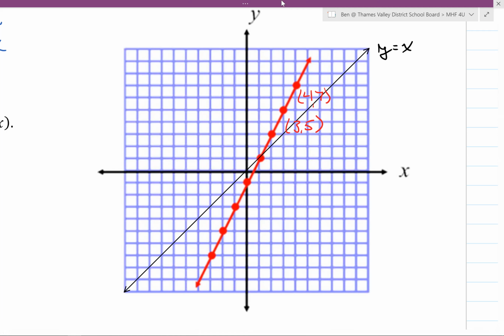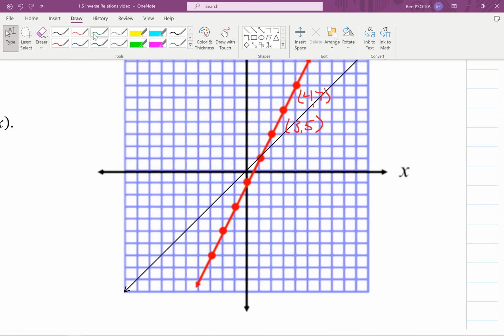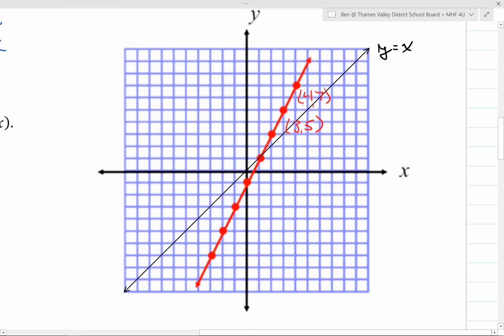Now, what we're looking for is a reflection over this line. So that means if I have a point that crosses the line, and this one over here does, a reflection over the line y equals x, that point will stay in the same spot. So our inverse will have a point there as well. Otherwise, we're reflecting over this axis.